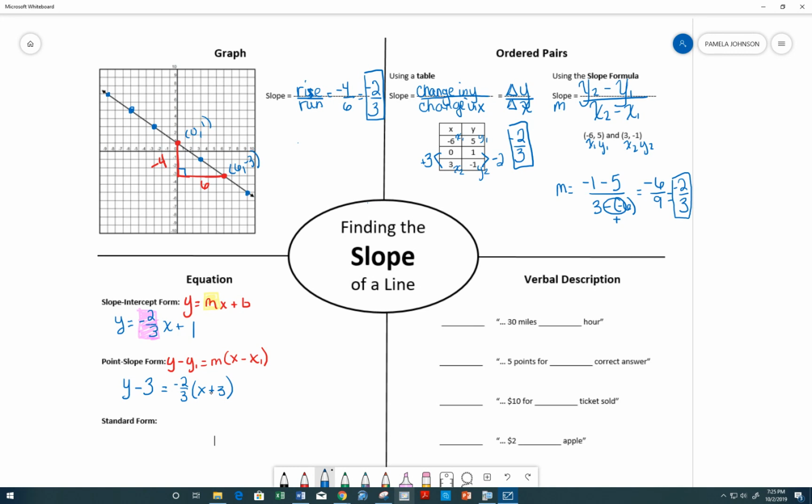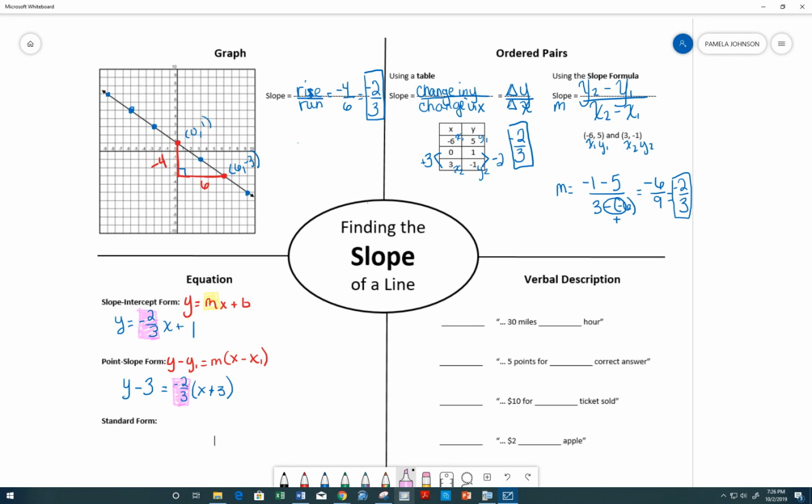Now, this would actually be minus a negative 3. Okay. But that's okay. We'll learn more about point slope formula in just a few days. But for right now, we just need to be able to find our slope. And our slope is right here at negative 2/3.